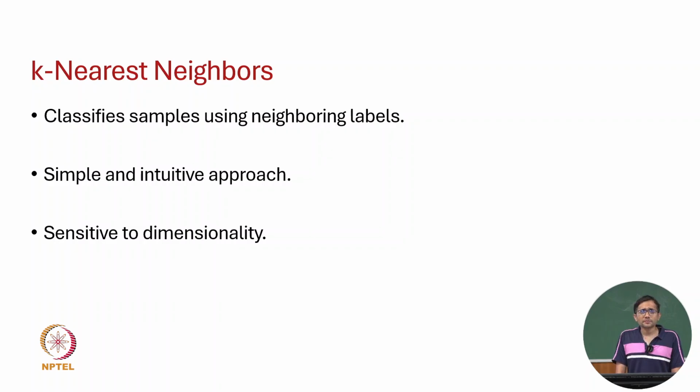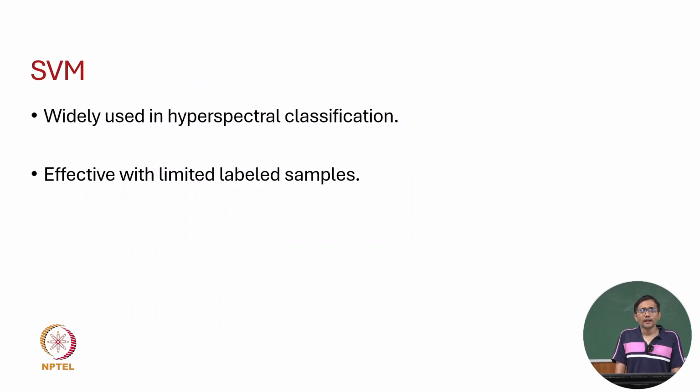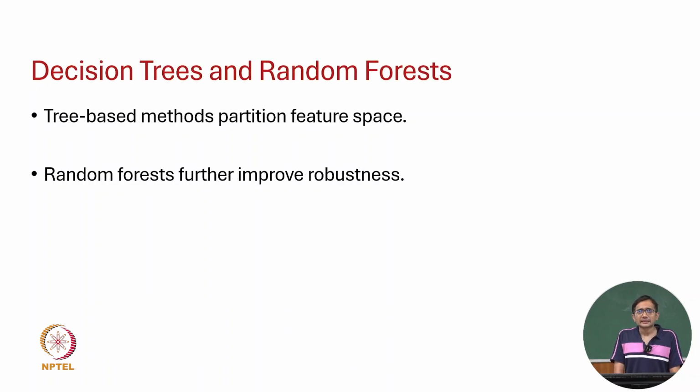K-nearest neighbor is a quite simple and intuitive approach, however also sensitive to dimensionality. SVM has been used quite a lot traditionally, and they are also effective with limited label samples. However, as I have already mentioned, effectiveness is limited for complex scenes. Decision tree and random forest approaches have also been used. Tree-based methods partition the feature space, and random forests further improve the robustness upon decision trees.